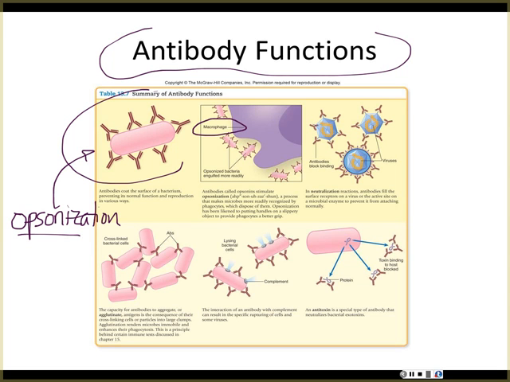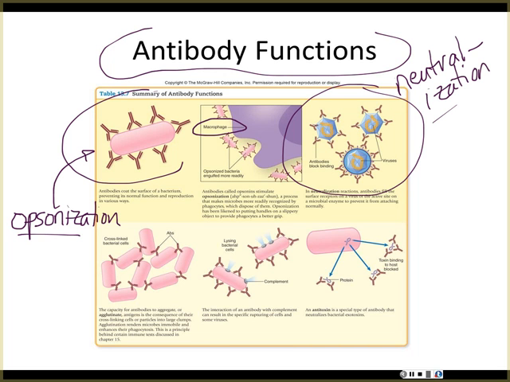Another thing they do is called neutralization. They're showing you viruses in this picture. Viruses have to attach to your host cell receptors.